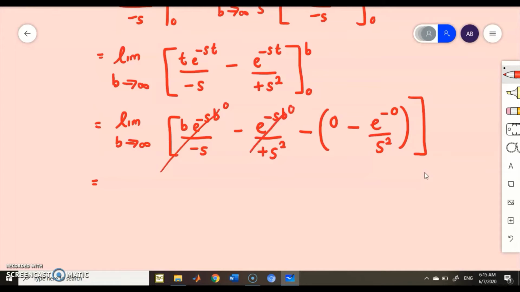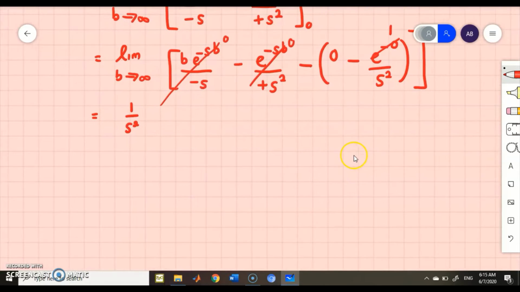Okay, and then what we have here, positive, negative, e to the power 0 is 1. So we have 1 over s squared. Okay, so this is one example on how to find the Laplace transform.